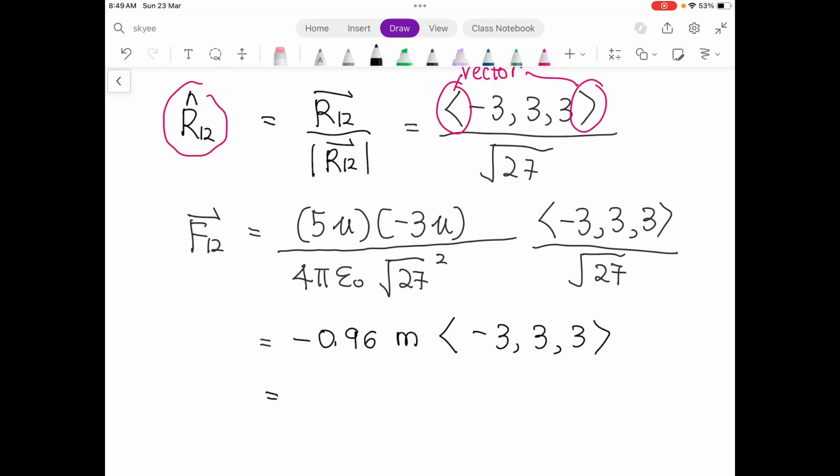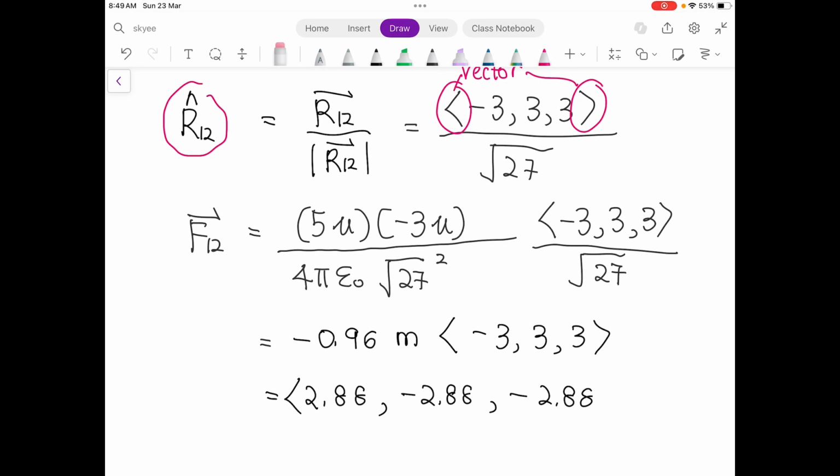Okay, so it will be positive 2.88, and then negative 2.88, and then negative 2.88.